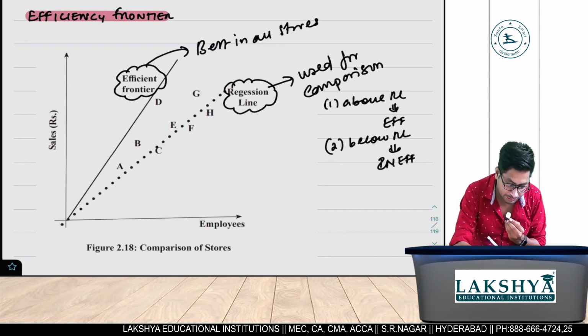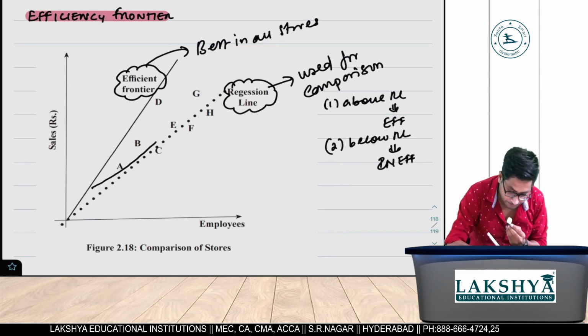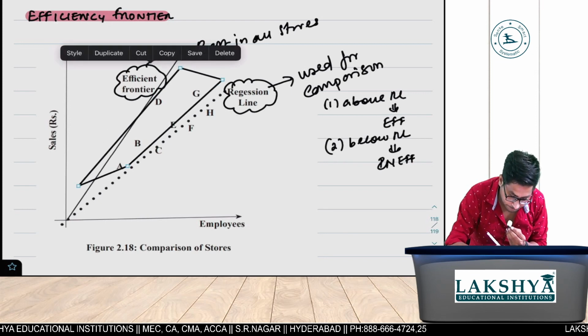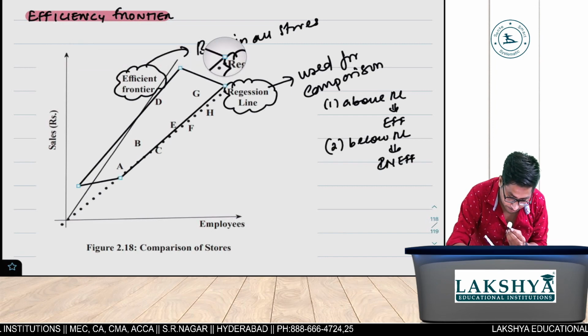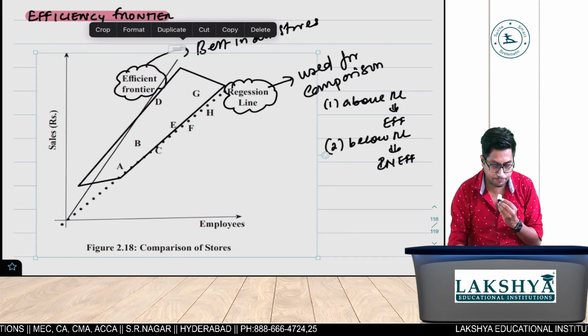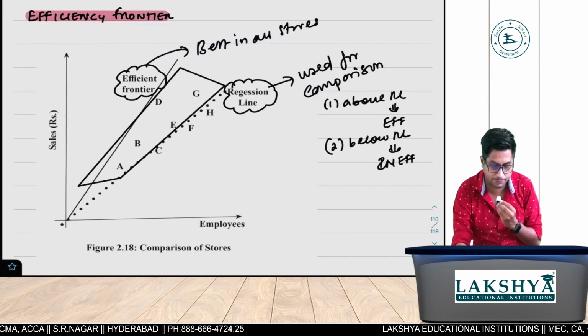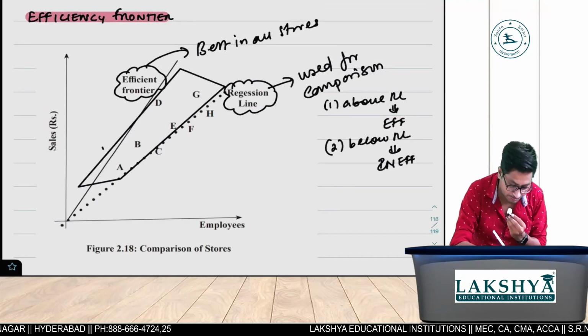Now you tell, what is coming above? I don't know what this is called, hexagon, whatever it is. These A, B, D, E and G, are they coming above the regression line or below? Above the regression line. So they are efficient or inefficient?